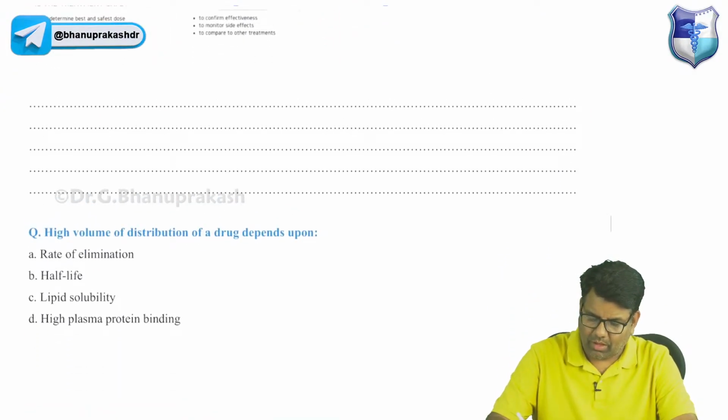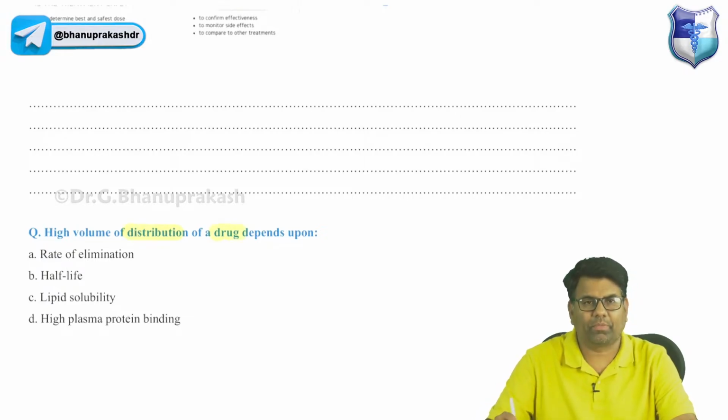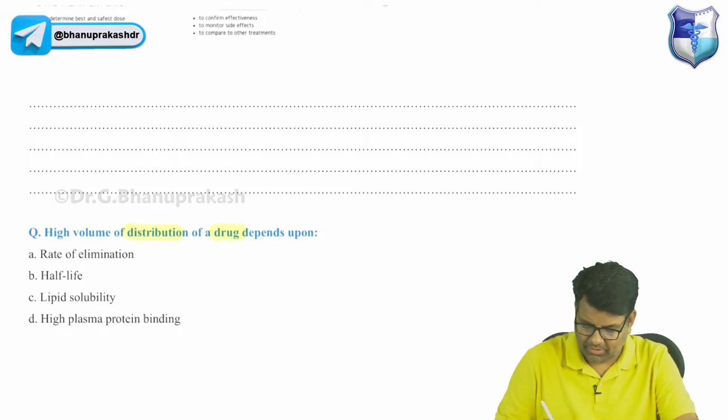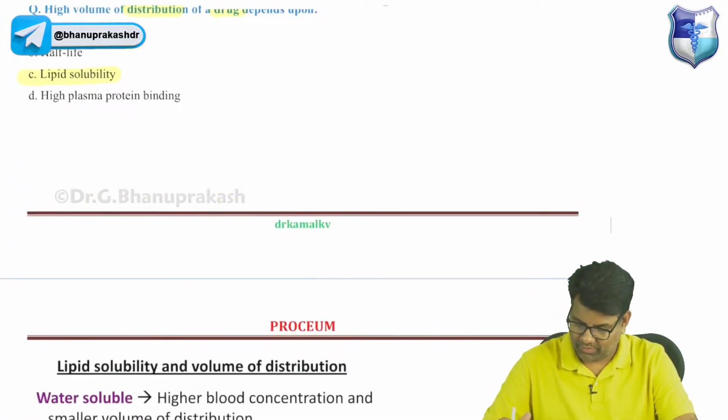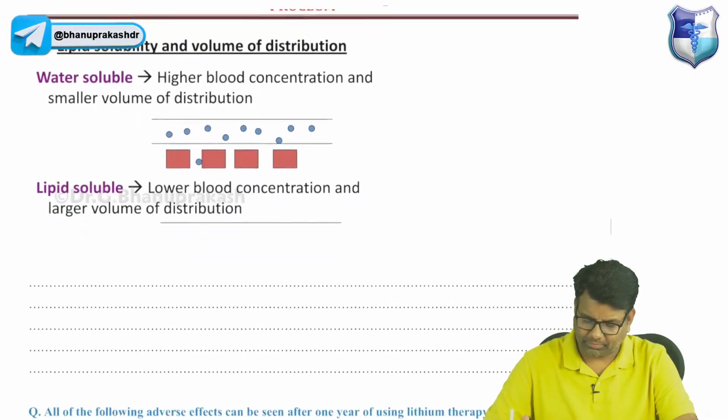Now, high volume of distribution of a drug depends on the lipid solubility. The more lipid soluble the drug, the more is the volume of distribution.